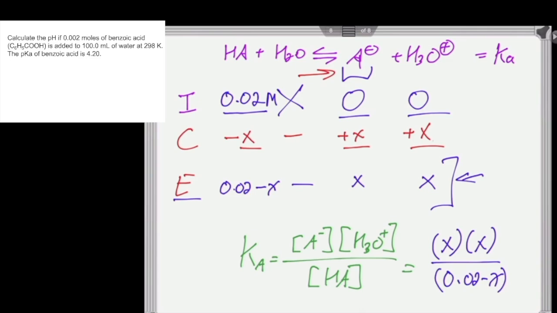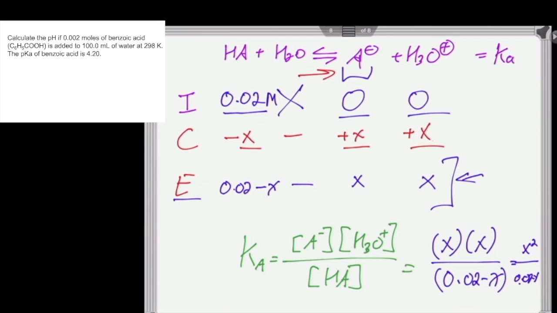Boom, great. That's awesome. How do I solve for X? I have 2 more problems here. This is x squared over 0.02 minus x. So everybody immediately grabs out your quadratic equation, right? And starts to solve, and that doesn't work, right?